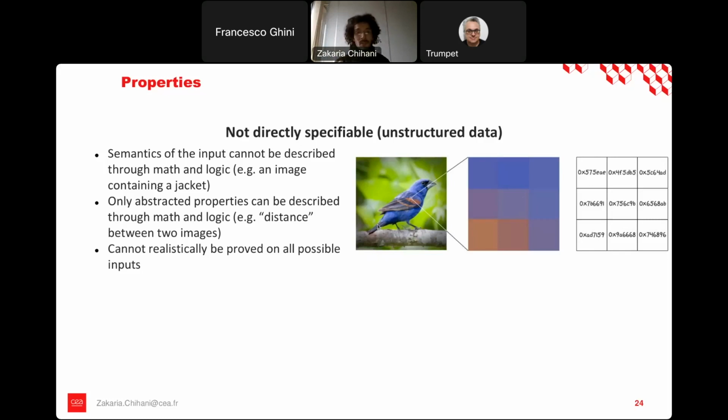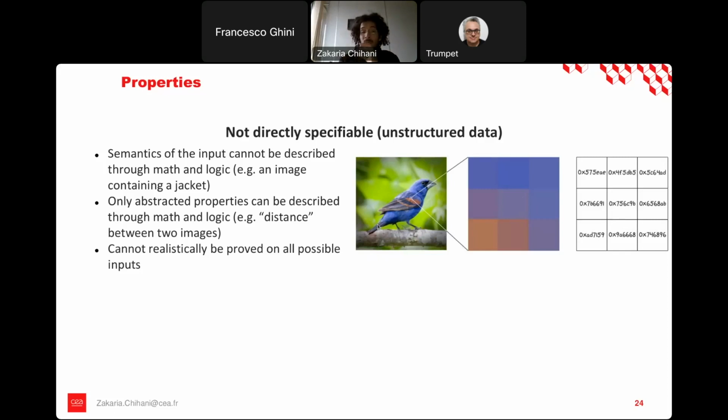So here, for example, what you get in an image is small pixels, but each pixel doesn't have a meaning on its own. It's like one molecule of water isn't wet. The wetness is an emergent property of a collection of molecules of water. So it's the same with an image. The bird is an emergent concept from a collection of pixels. The problem is, of course, the computer has only access to the pixels.